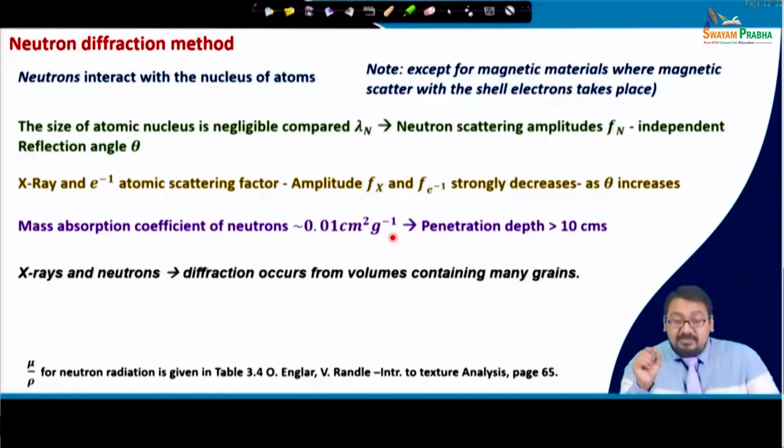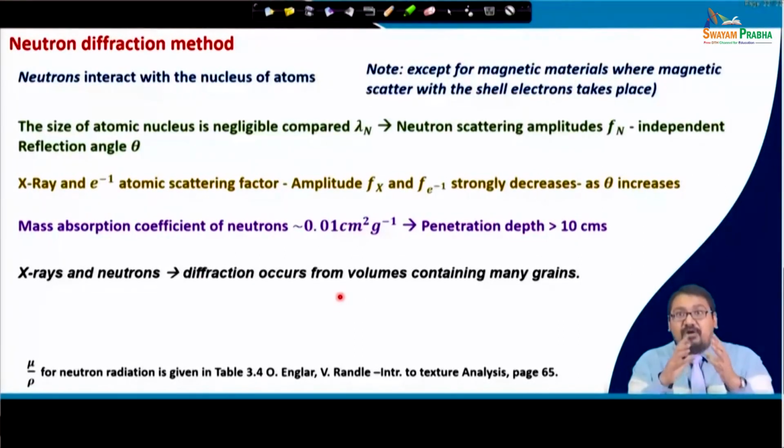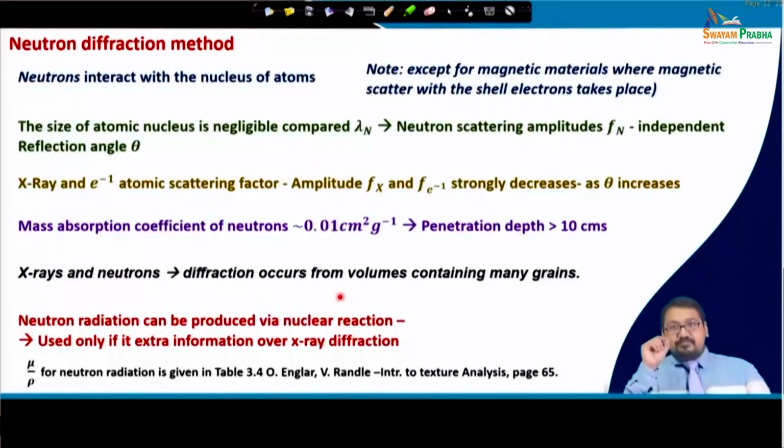But neutrons and X-rays diffract from a large volume of grains. It has a large beam diameter and diffracts simultaneously from many grains, so it cannot give information from a very small area, since a small beam diameter cannot be produced.